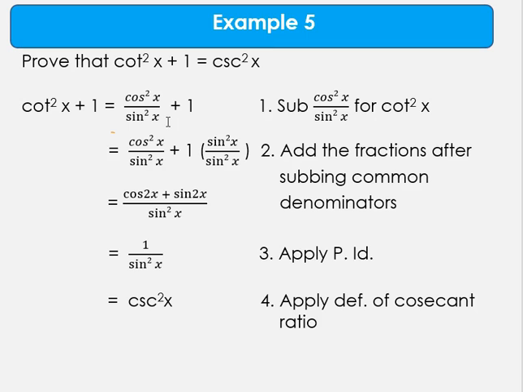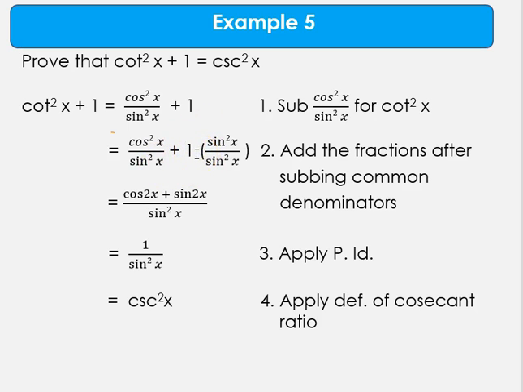I'm not sure that it's that much easier. So we have cosine x over sine x, and what they've done is they've taken this 1 and made it sine squared x over sine squared x, which equals 1, so that they can make a common denominator.